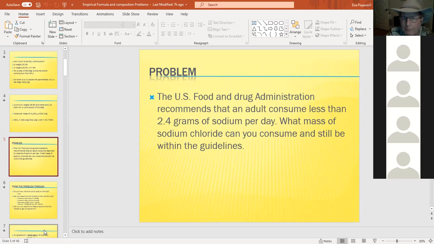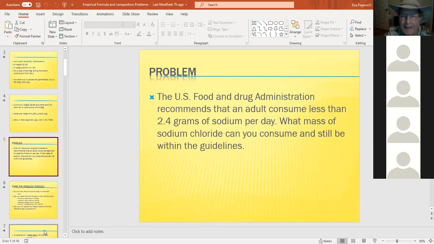What can we do? So you can find out sodium chloride, which is sodium's 22.98 plus 35.45. That gives you 58.44. And then once you do 22.98 times 2.4, or no? Nope.